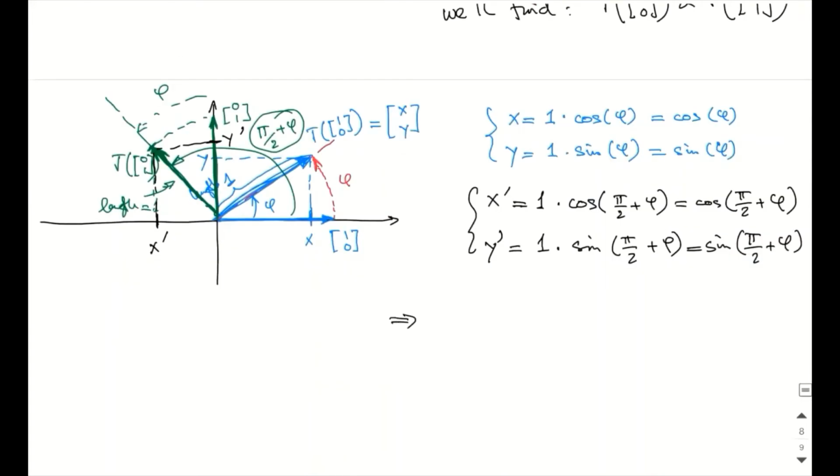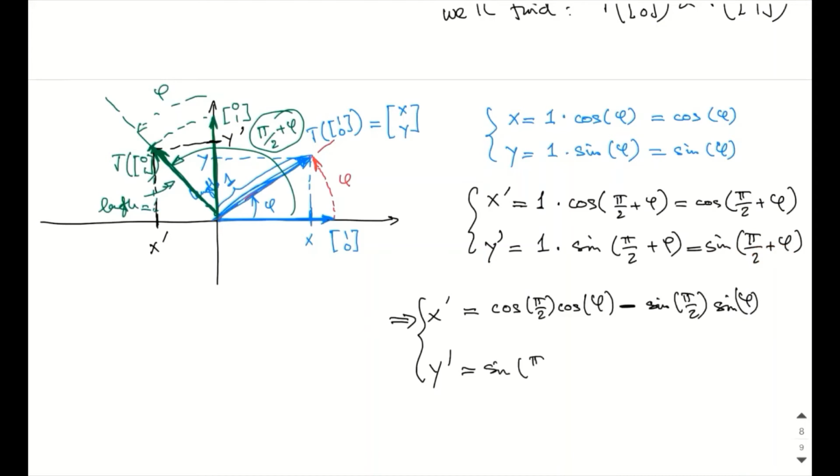So this implies that x prime equals cosine of pi over 2 cosine phi minus sine of pi over 2 sine phi. And for the sine of a sum, y prime is going to be sine of pi over 2 cosine phi plus cosine of pi over 2 sine of phi.